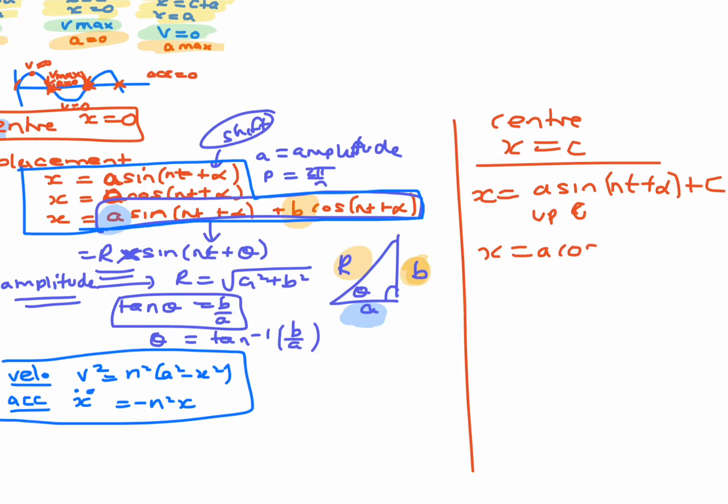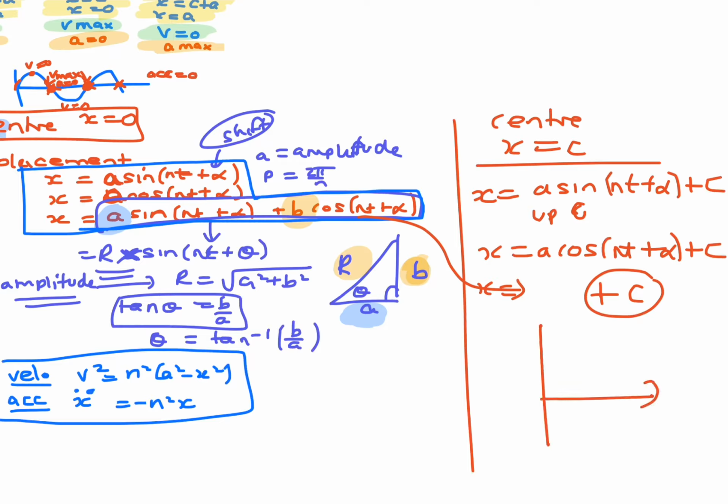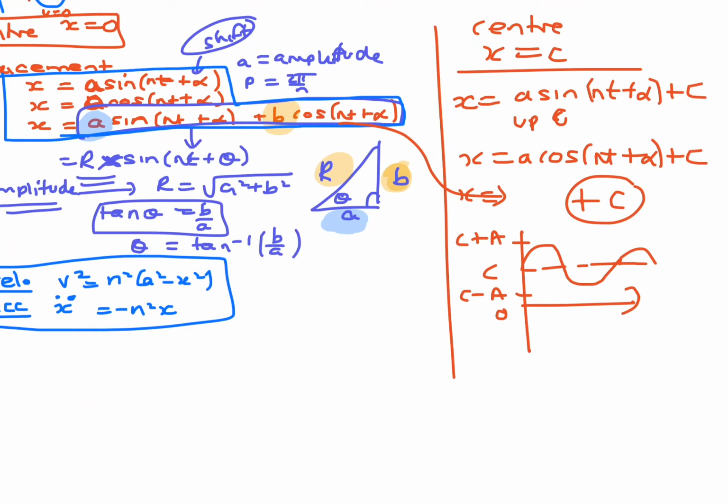If x equals a cos(nt + alpha) plus c, that would go up c. And even if you had this graph here, you just have to add c on the end and it would shift up c. So what it's actually doing is it moves the centre to c, and then it oscillates either as a sine curve or a cos curve, and it goes c plus a and c minus a. So it'll do exactly the same thing.